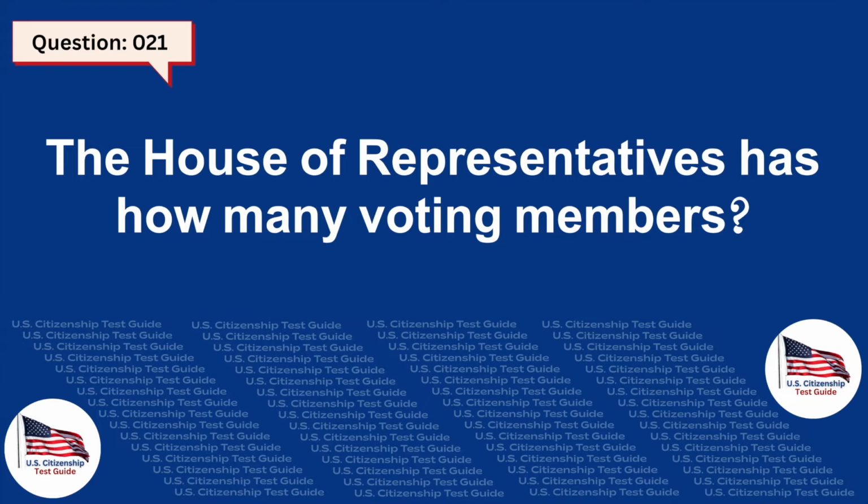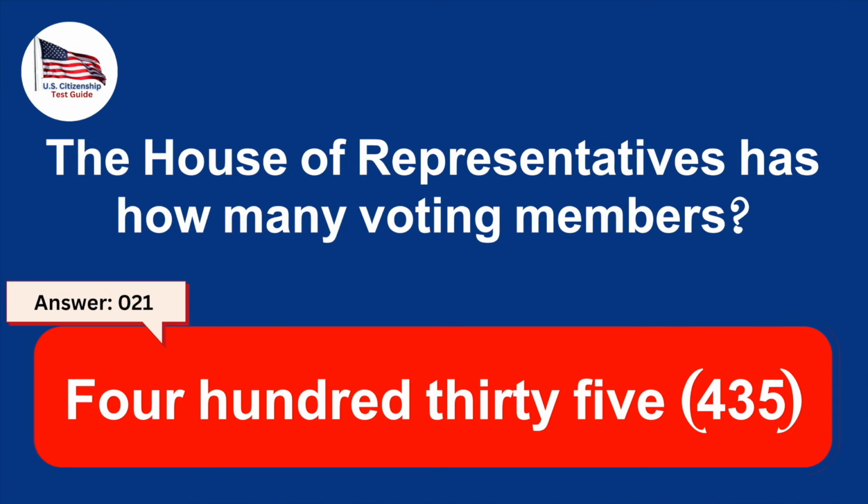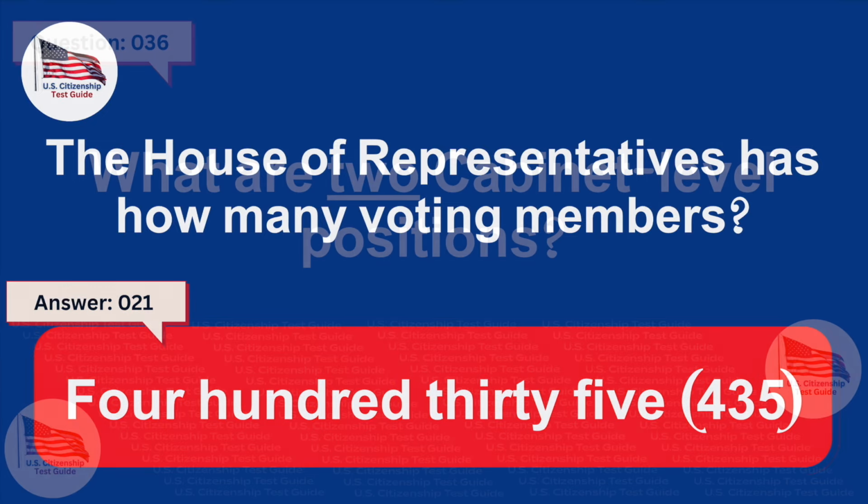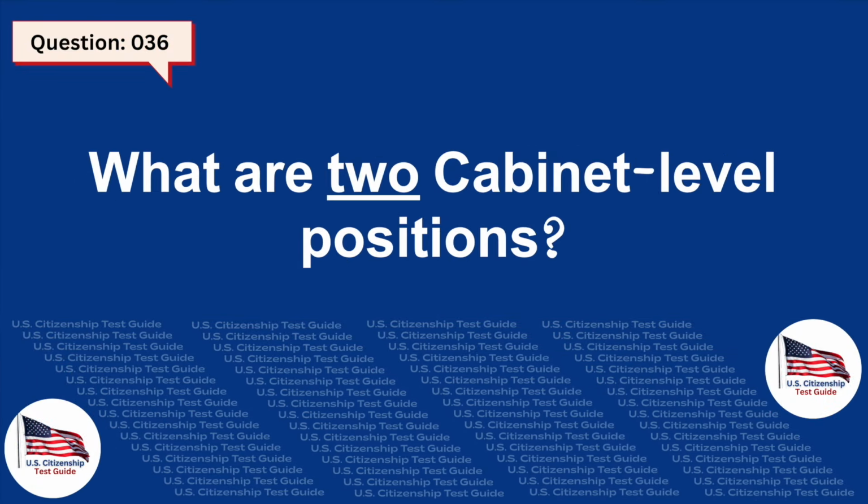The House of Representatives has how many voting members? 435. What are two cabinet-level positions?